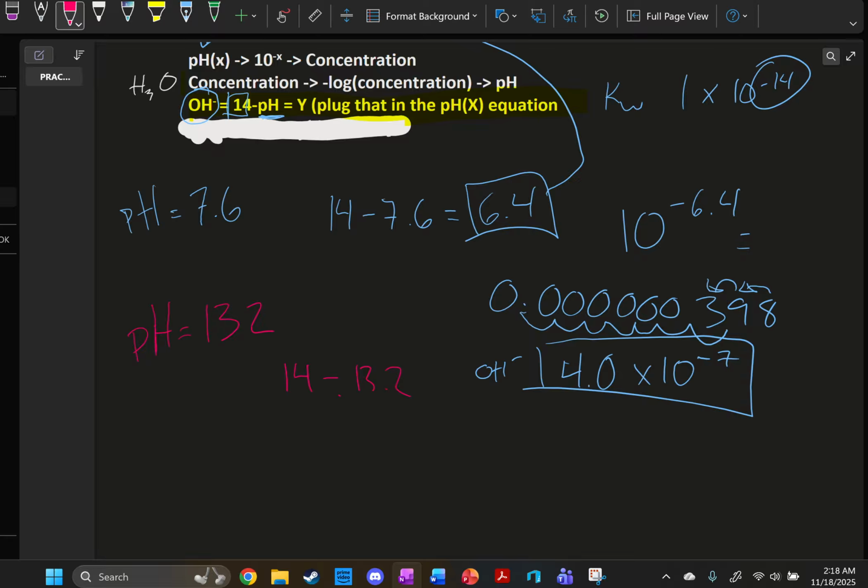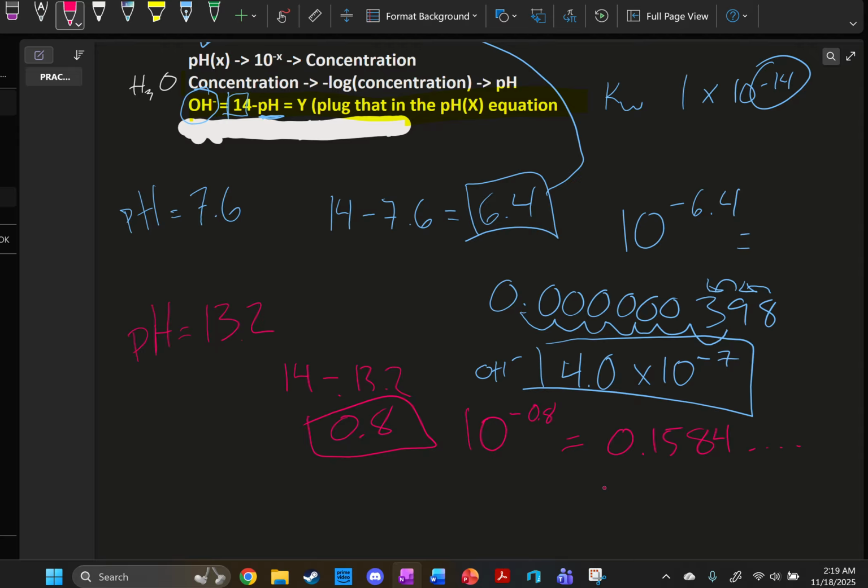That was a goop. 14 minus 13.2. There it is. So it's going to be 0.8. Okay. So we're going to plug this bad boy into that equation, which is 10 to the negative 0.8. Which equals 0.1584, so on.